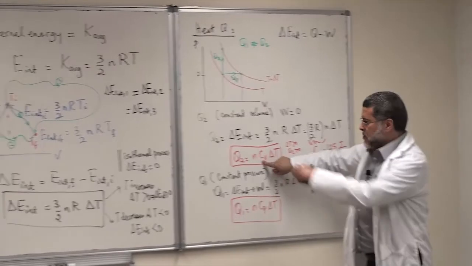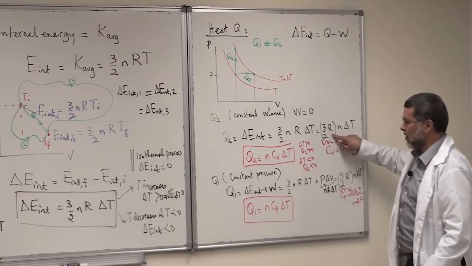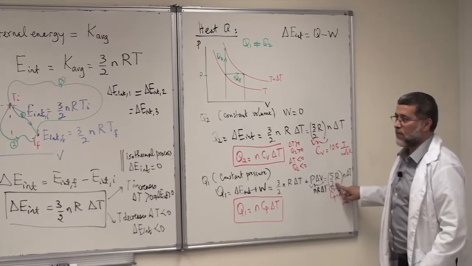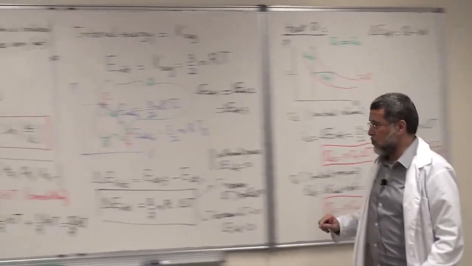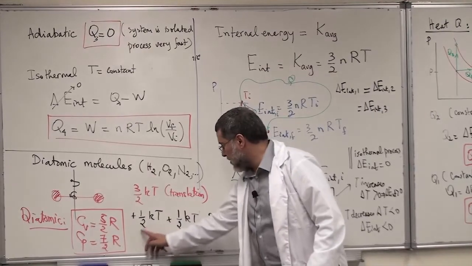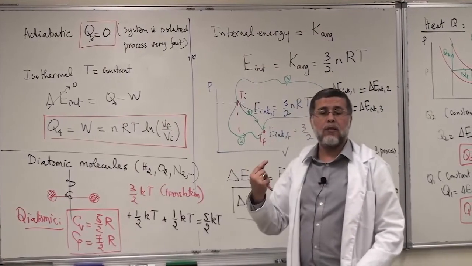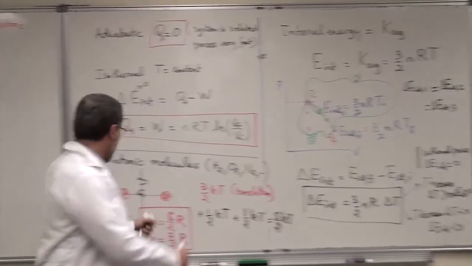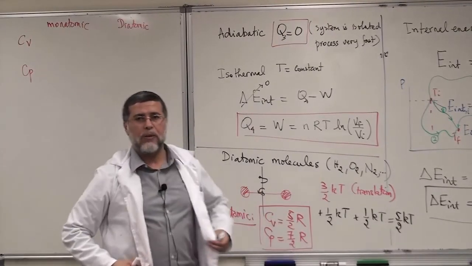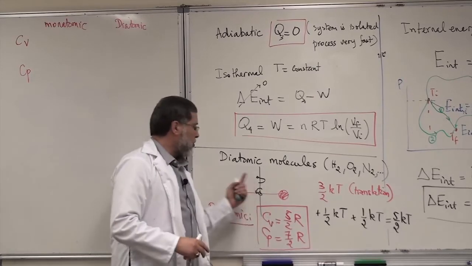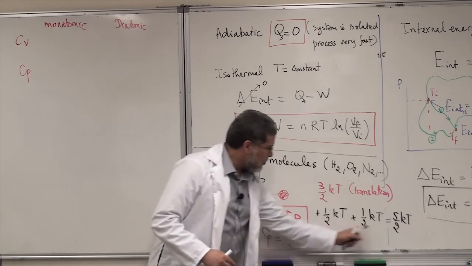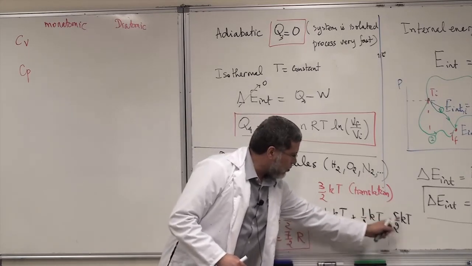Whenever you see CV, if it is a diatomic molecule, this becomes 5 over 2 R instead of 3 over 2 R. Whenever you see a CP, that becomes 7 over 2 R instead of 5 over 2 R. We have 2 degrees of freedom here that we have to add because of the rotation of the molecule. Of course, we are not going to very high temperature where you have vibrations. You can also include vibrations, but we are not going to talk about vibration here. We talk only about rotation, and we have 2 rotations, and we add them to get the 5 over 2 R.